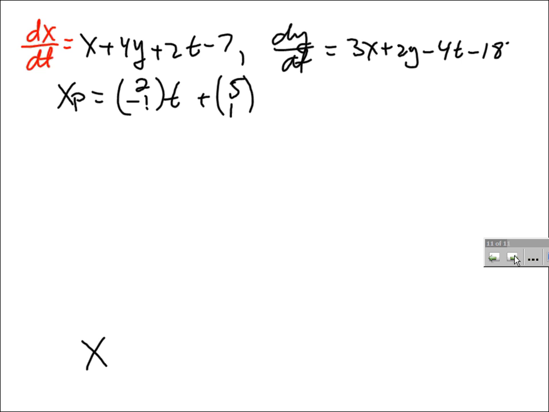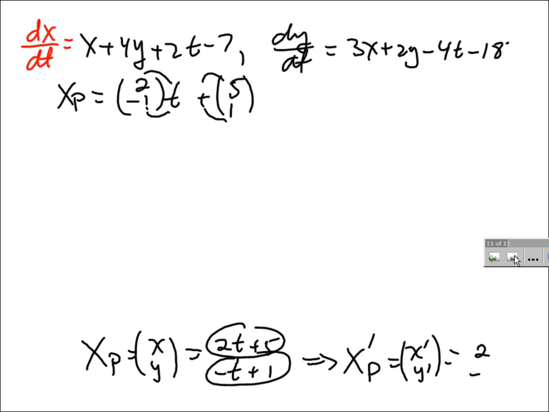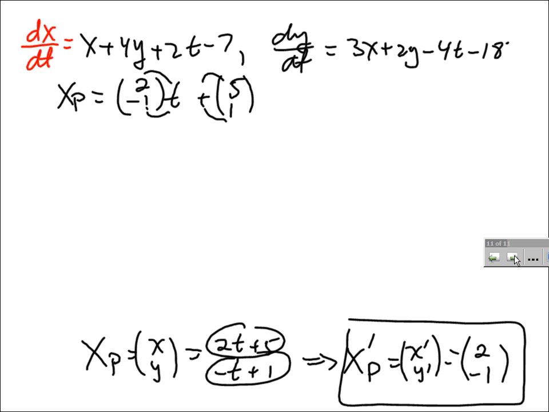That means x particular, which is (x, y), is equal to (2t plus 5, negative t plus 1). Taking the derivative with respect to t, x prime, y prime is 2 and negative 1. So x sub p prime is (2, negative 1).